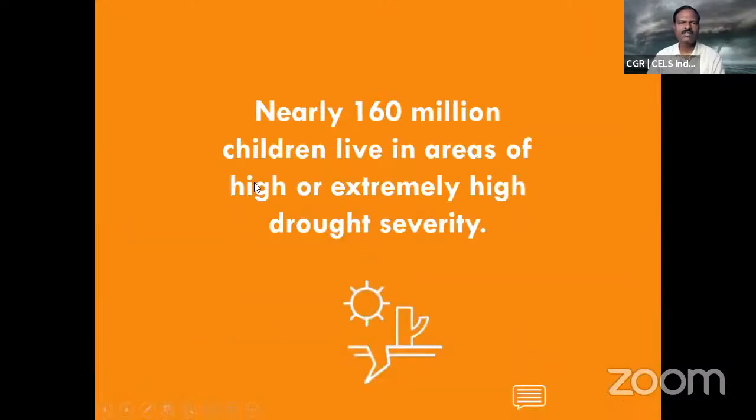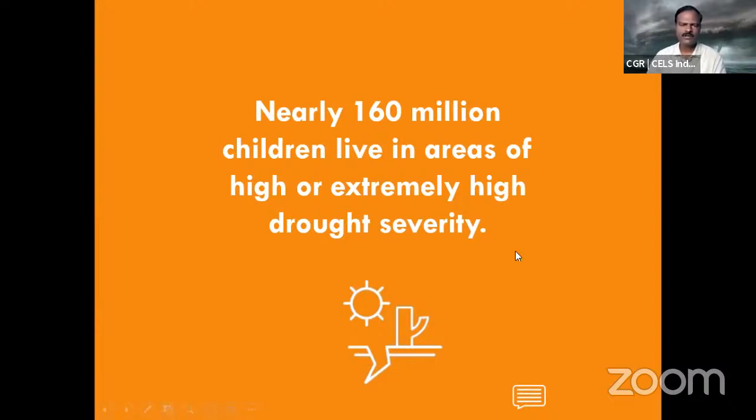Nearly 160 million children live in areas of high or extremely high drought severity. Climate change induces all types of disasters. Drought is one big one, which affects many countries, especially the tropics and subtropics, where desertification is already there.